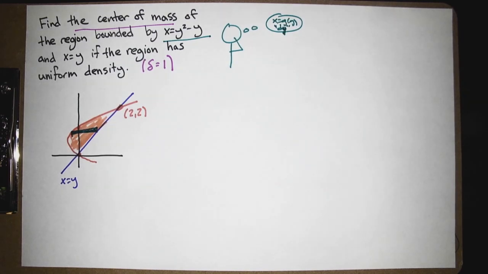All right, so we need to do mass, moment, actually two moments, and then we need to find center of mass. Okay, put it all together. Lots of computations to do. Which one do you want to start with?